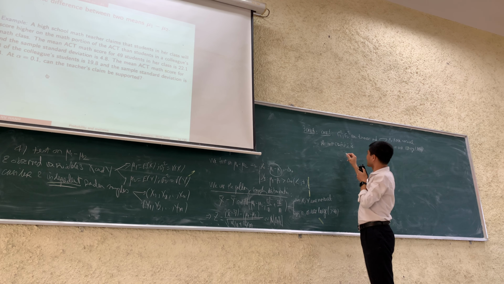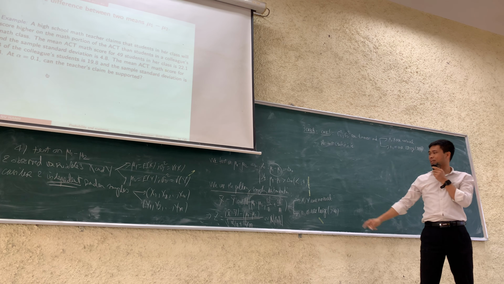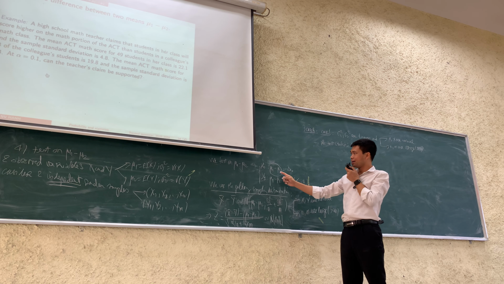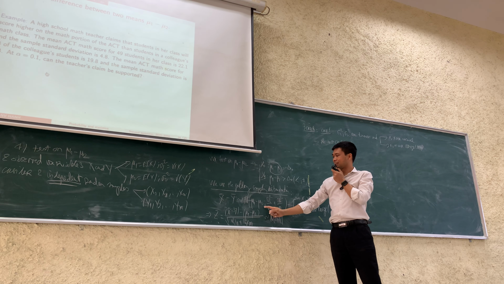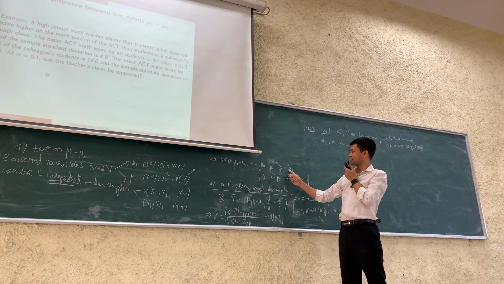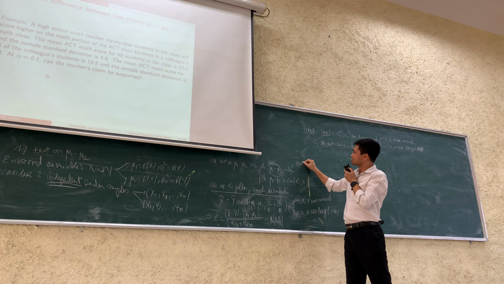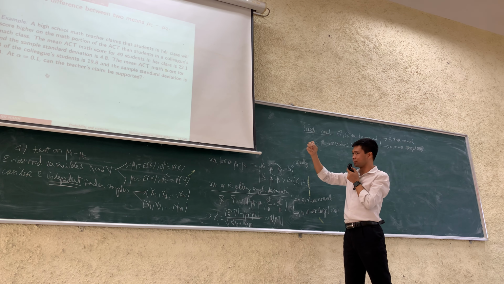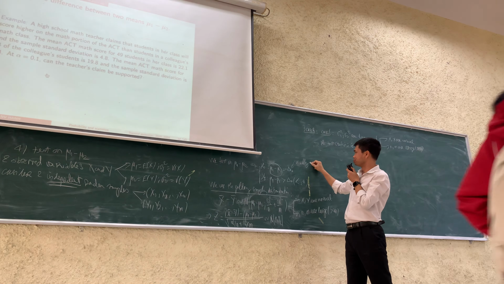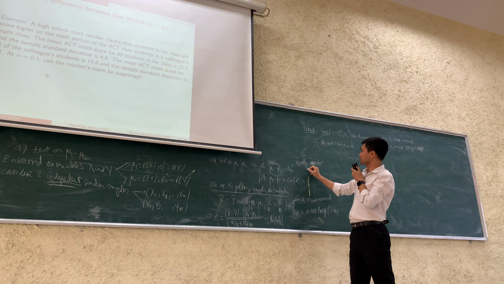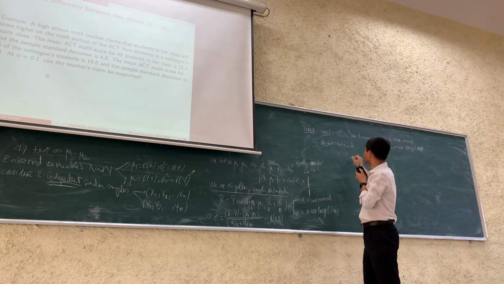If I do the test statistic with this sampling distribution under H0, it means that H0 is true. When H0 is true, we have delta naught. And remember, in our exercises we usually consider delta naught to be 0.